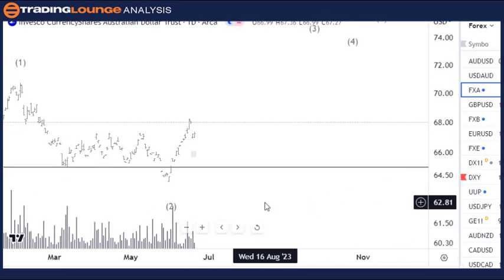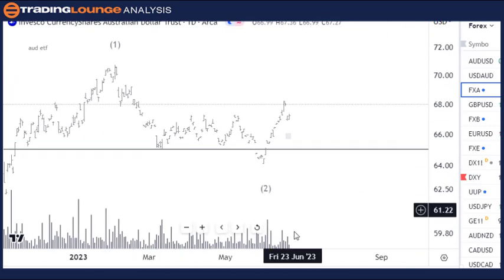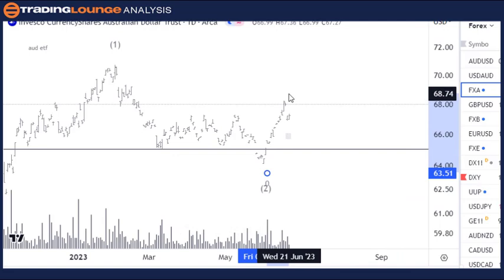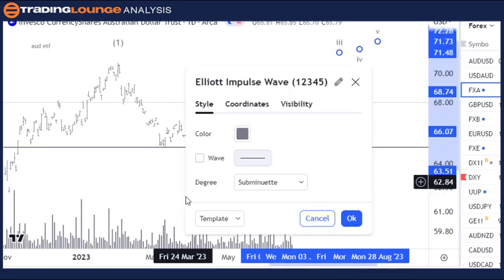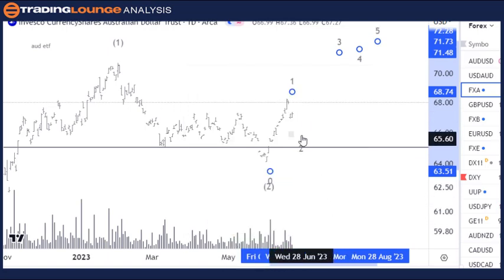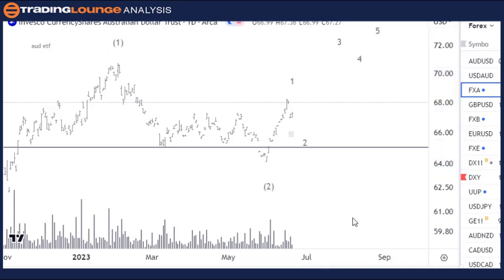Here, so I'm thinking this is the same thing, the 1 and the 2 here. Basically we've got 1 and 2 here, and let's just put that as a minor degree at this point. So we're looking for that pullback here.